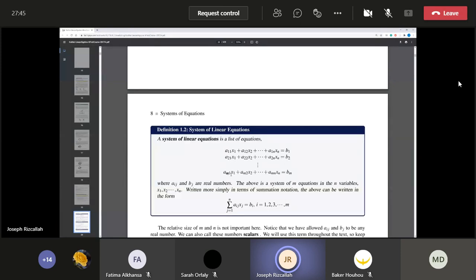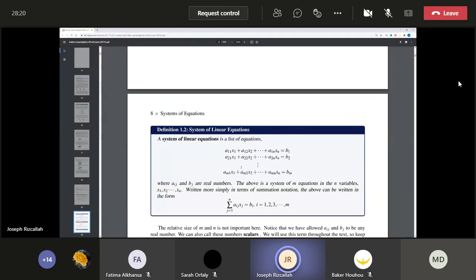On the other hand, how many unknowns are there? There are n unknowns, right? And now, instead of calling them x, y, and z, we're going to call them x1, x2, x3, x4, and so on up to xn, because if we called them x, y, and z, the alphabet would not be enough to label them. So instead of using the alphabet, we use a single symbol x with a subscript, which is the index underneath the symbol x: x1, x2, x3, to label the unknowns.